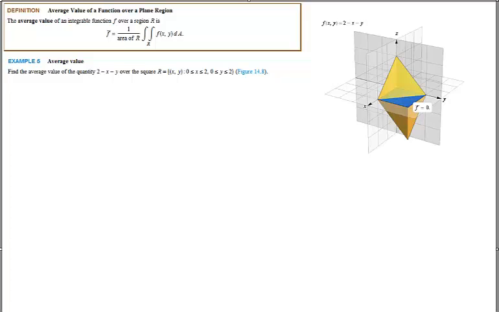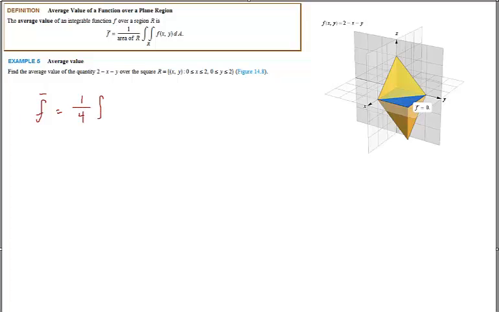In this very last example, we are given the definition for average value, and in order to get that average value of our function f, we are to first compute the area of R. Well, it is a 2 by 2 rectangle, or actually a square, so that would be 1 over 2 times 2 is 4.